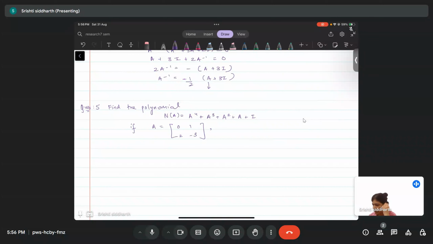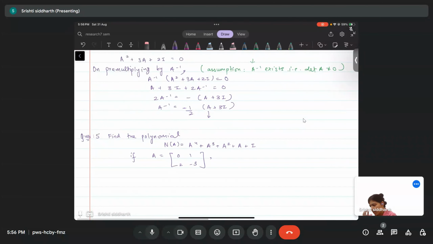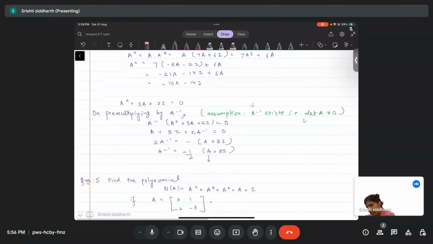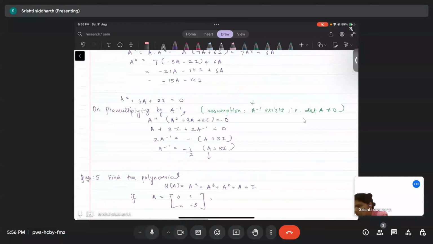Okay, so in the previous step, we have already shown how to compute A4 and A3. So let me just write this down.